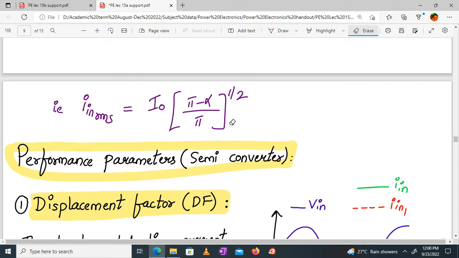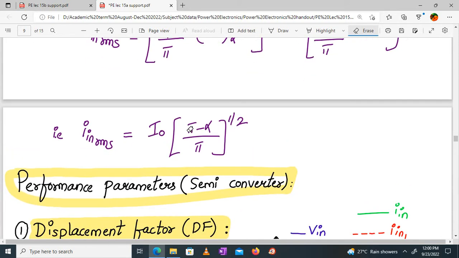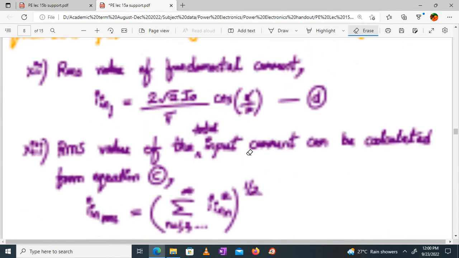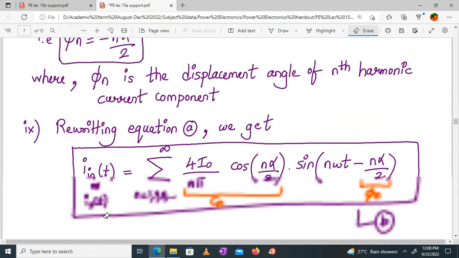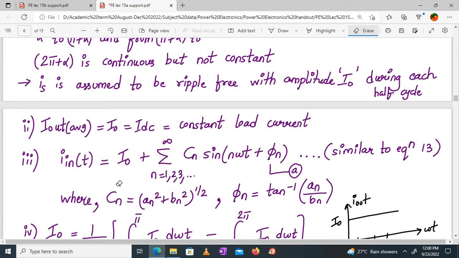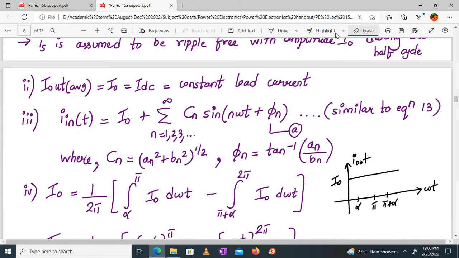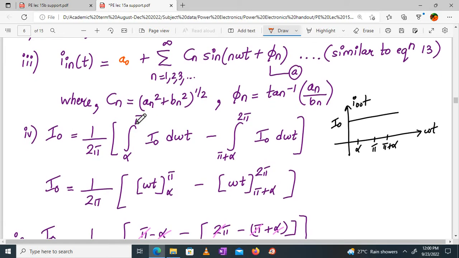What is I naught? I naught is IDC. See, there is a confusion, and I will tell you why it arises. We wrote pi minus alpha upon pi raised to half. We are saying here that a n is zero, right? But here I have used the same term for this. So actually, this can be written as a0 only.